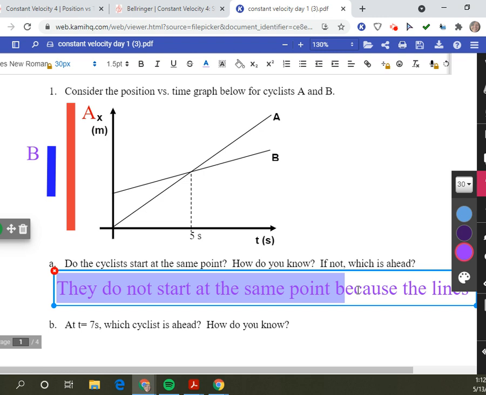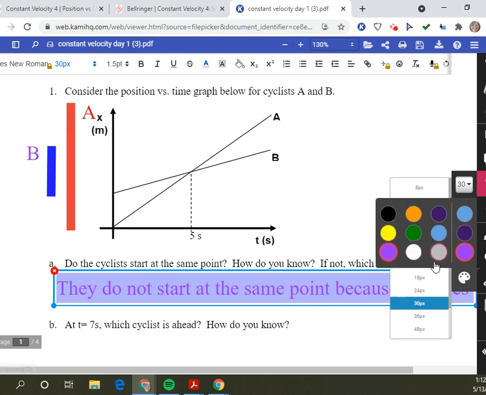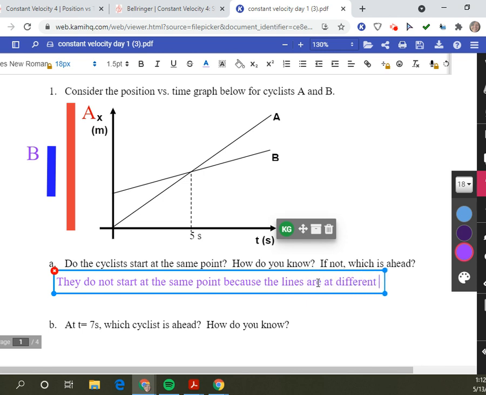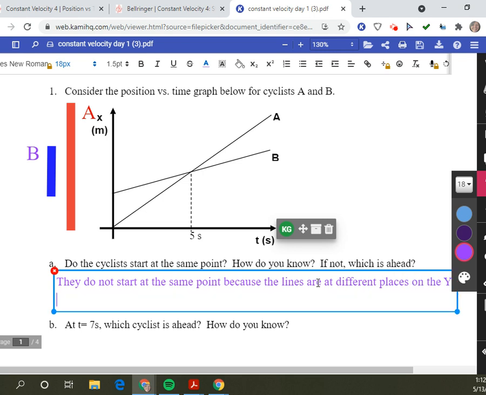I will make this a little bit smaller. As the lines are at different places on the y-axis. And then it says, if not, which is ahead.